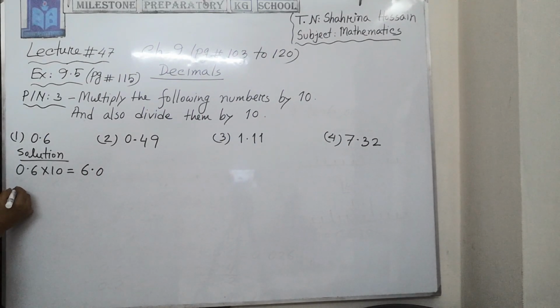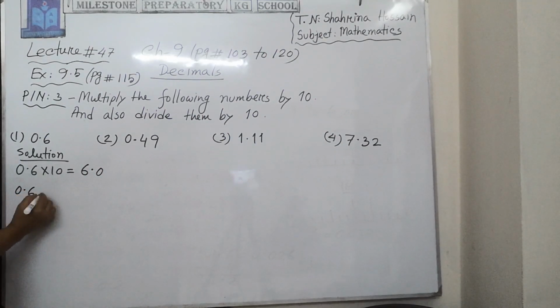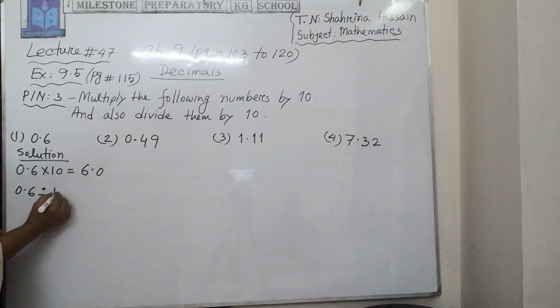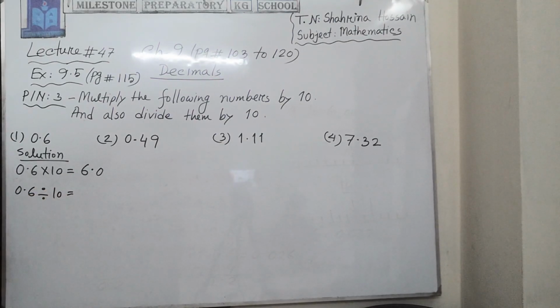And when we divide 0.6 by 10, what will be the answer? When we divide, the rule is the decimal position goes one step left side.